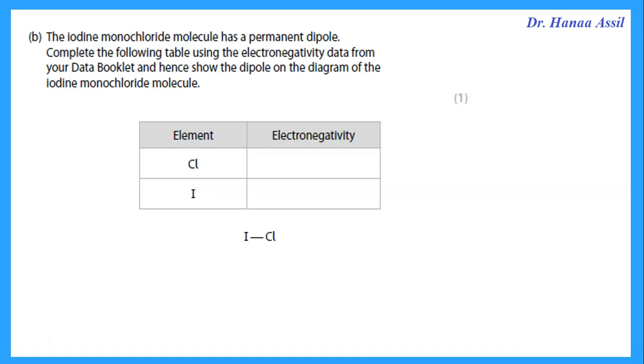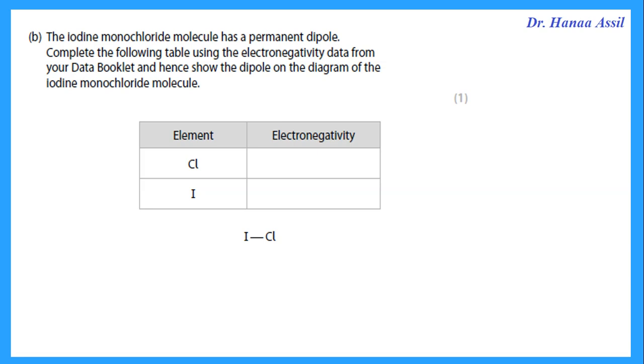The question says iodine monochloride molecule has a permanent dipole. Complete the following table using electronegativity data from your data booklet, and hence show the dipole on the diagram of the iodine monochloride molecule. So at the end of your exam there is a data booklet. One of the things in there is a table of electronegativities.